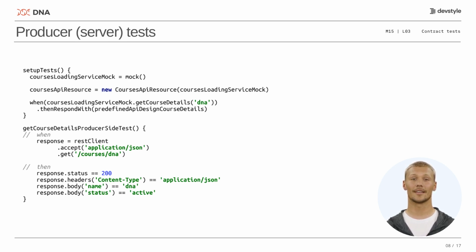Maintaining this data set is the most difficult aspect, especially when we have extensive answers with a very complicated structure. Here we must remember that the DNA course answers correctly. It is an active course. There will be some other course that is an inactive course. The API design course will be the course that will get a 410 answer. Maintaining this data set, communicating it to all clients, will be the biggest challenge in contract testing.